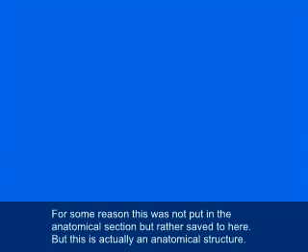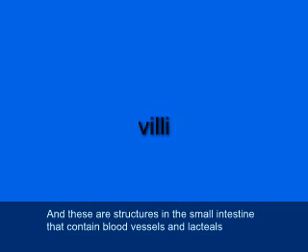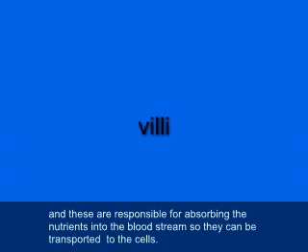For some reason, this was not put in the anatomical section, but rather saved to here. But this is actually an anatomical structure, and it's called the villi, V-I-L-L-I. And these are structures in the small intestine that contain blood vessels and lacteals, and these are responsible for absorbing the nutrients into the bloodstream so they can be transported to the cells.